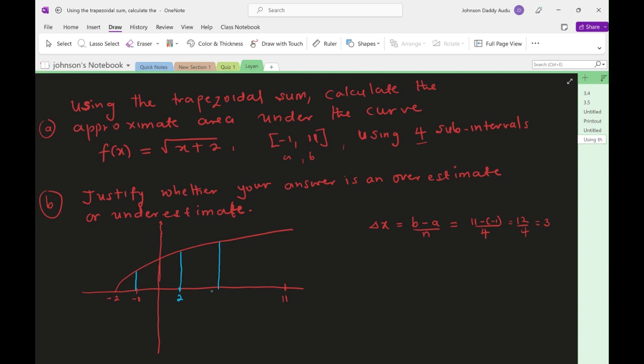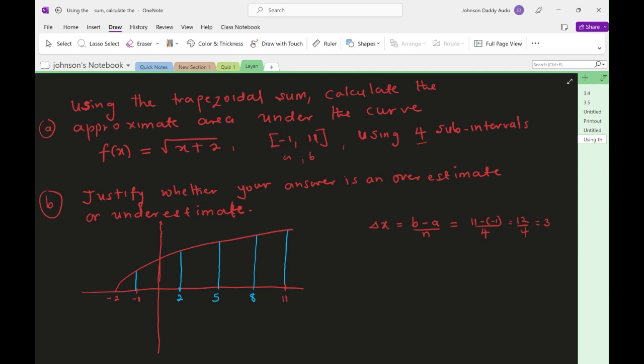Then if we add another 3 here, this will be 5. If you add another 3 here, this will be 8. Then if you add another 3, finally we have 11. So this is what we mean by 4 sub-intervals.